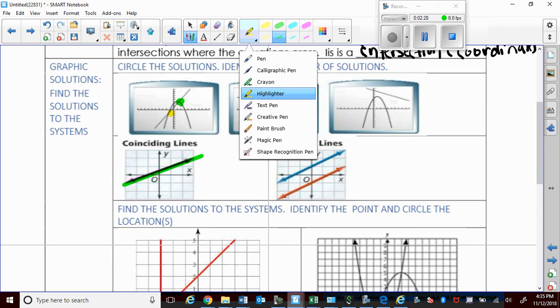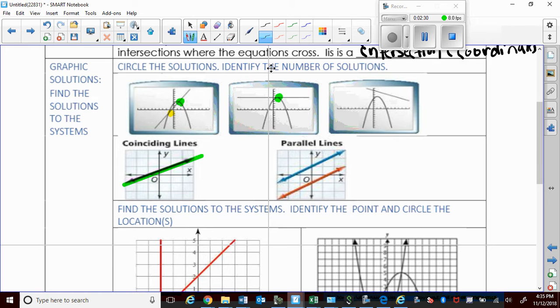So I'm going to go back and write what's going on here. I have a solution here, and it looks like I'm at -2, comma, -1. And my other solution, the other intersection, is at 1.5, comma, 4.